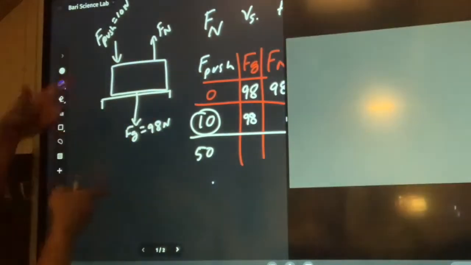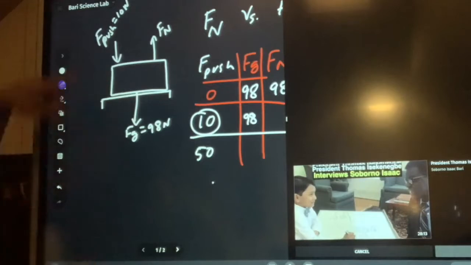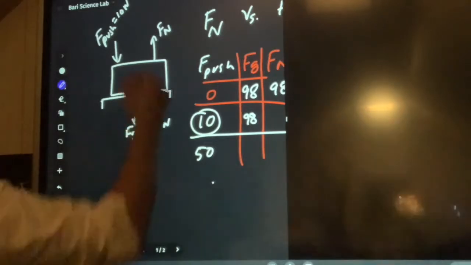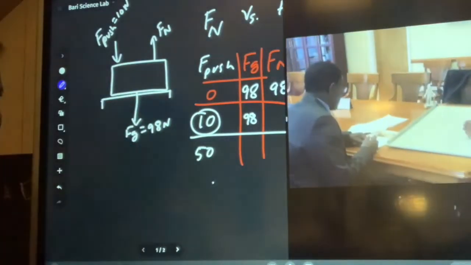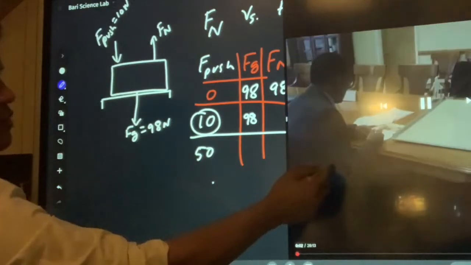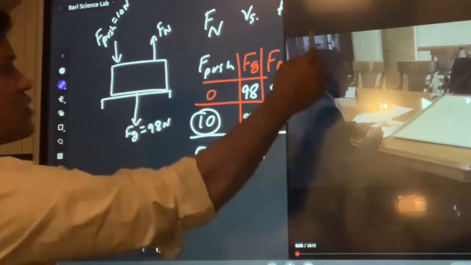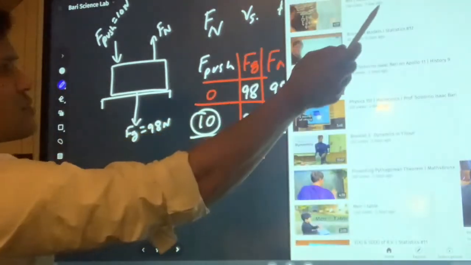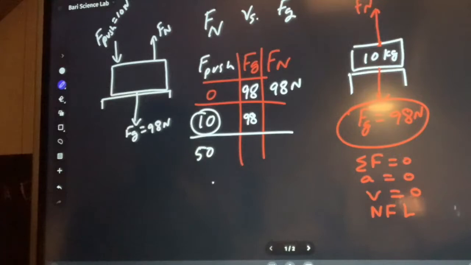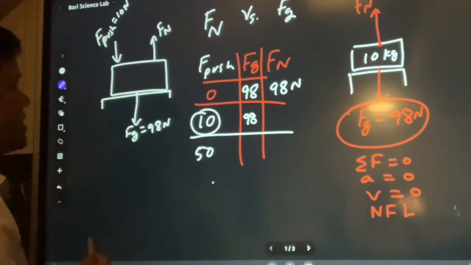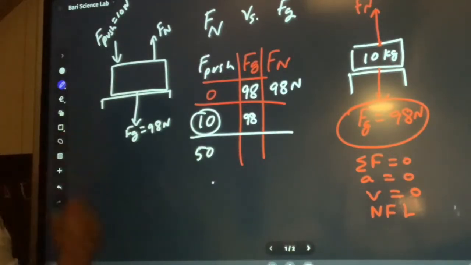We see that the normal force is 10 plus 98, so it's going to be 108. So the normal force is 108, but we can definitely prove it. We can show why the normal force is going to be 108.